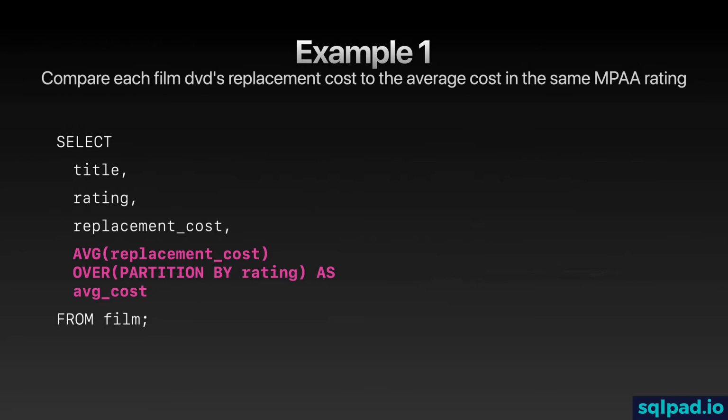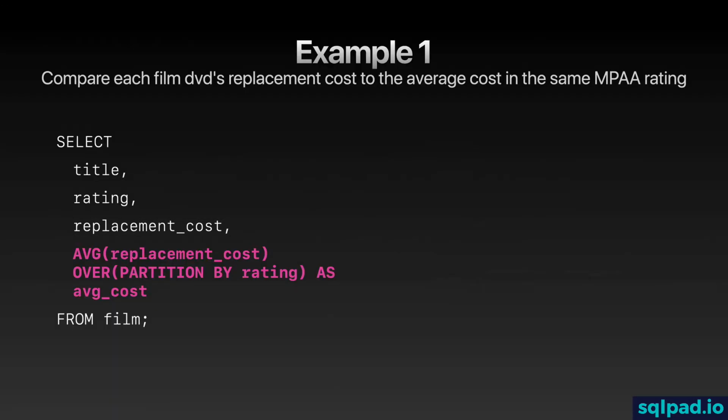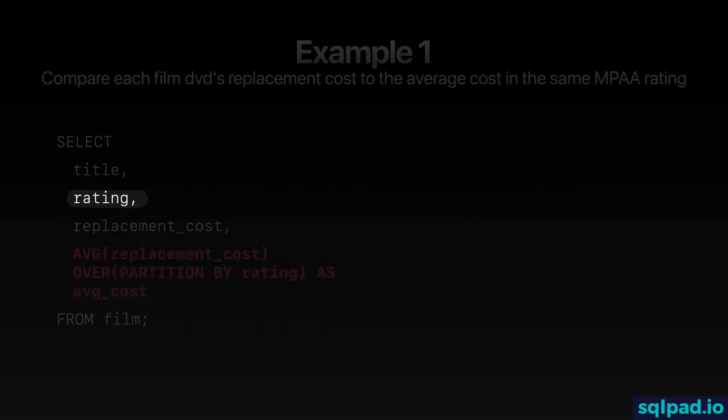In this first example, I want to compare each movie DVD's replacement cost to the average replacement cost of all the movies from the same MPAA ratings. For those of you who are not based in the United States, MPAA rating is a film rating system in the United States to rate a movie's appropriateness for certain audiences based on its content.